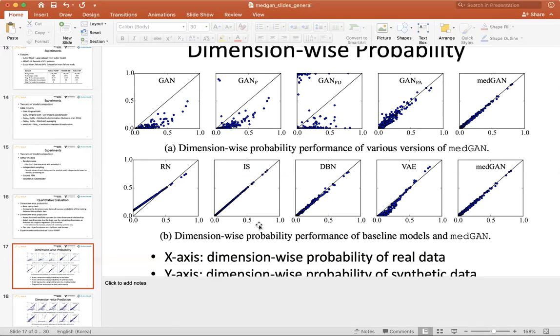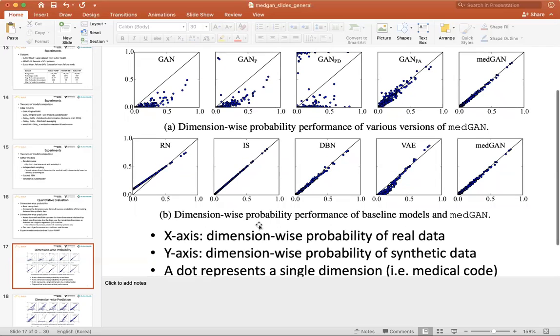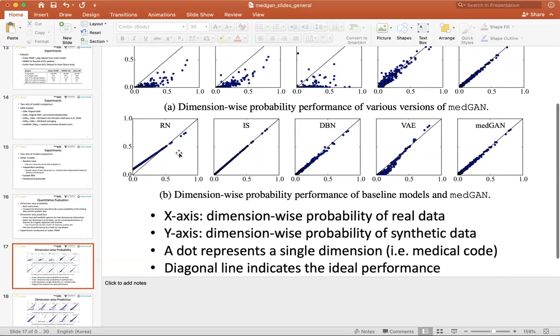Okay, then comparing to the baselines. The random noise. Random noise is basically just skewing the distribution, because with a 10% chance you are flipping, reversing the 0 to 1 and 1 to 0.